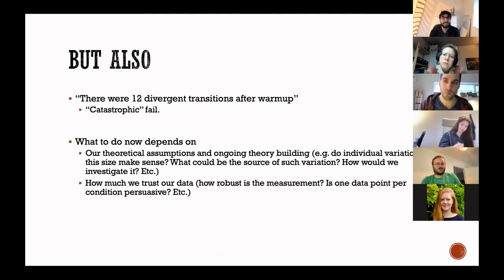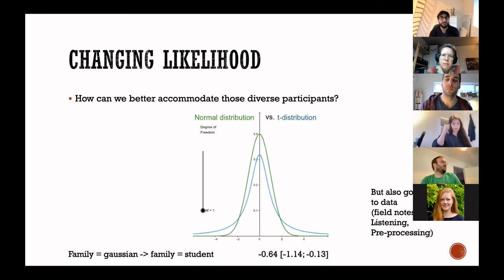Another thing that is easier to do at this stage from a statistical perspective is we can change the likelihood, right? The Gaussian distribution is shrinking rapidly in the tails. It's a distribution with short tails, has little patience for people who are more different than 3 standard deviations.